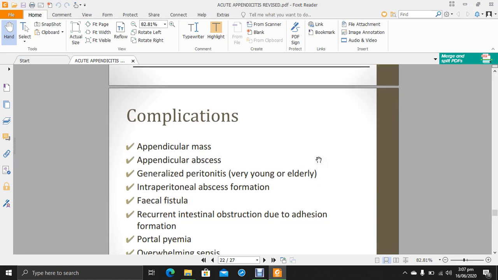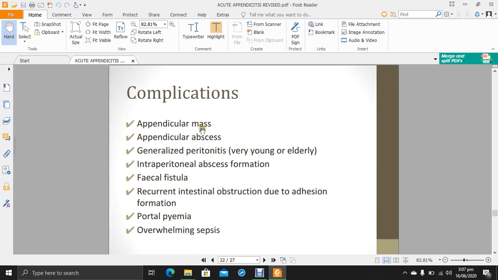And complications of acute appendicitis: there's going to be appendicular mass. If it is not properly picked up by the doctor, appendicular abscess, this is a late stage from the mass, and generalized peritonitis when this abscess ruptures, or intraperitoneal abscess formation, fecal fistula when the perforation is at the base and the cecal perforation occurs and it can develop a fistula.